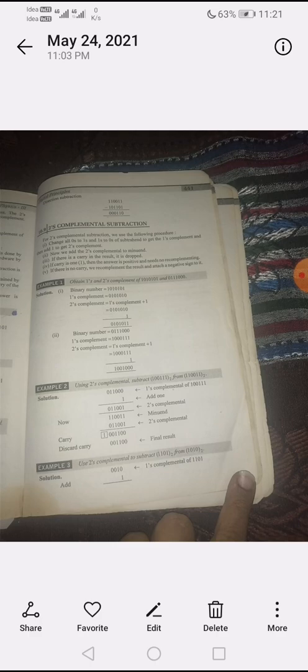For hexadecimal we write 0 to 9, then A, B, C, D, E, F, whereas in decimal, 0 to 15. Up to this is F, and for hexadecimal, 16 in decimal can be written as 10. So this is about the hexadecimal number system.